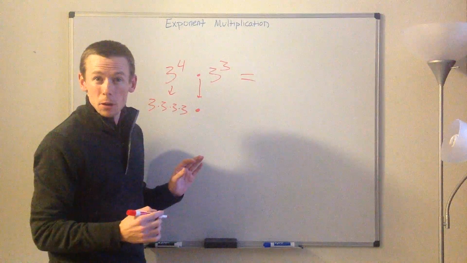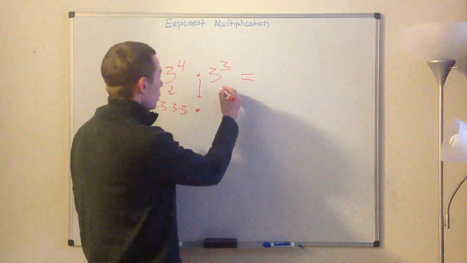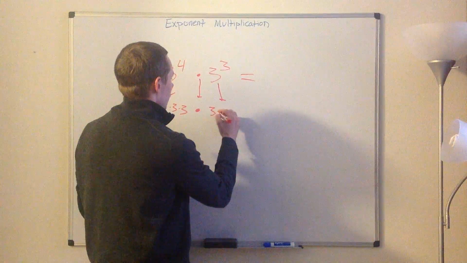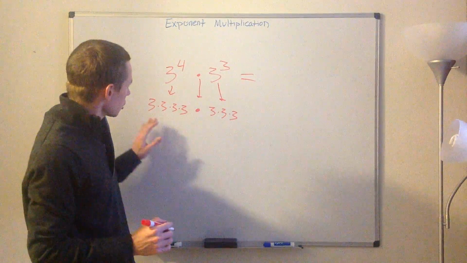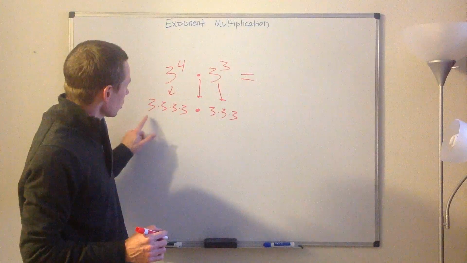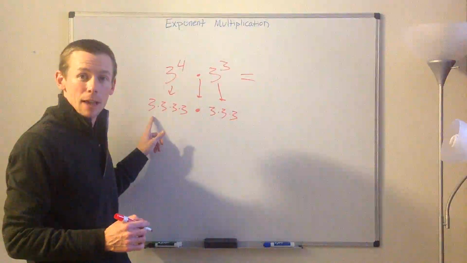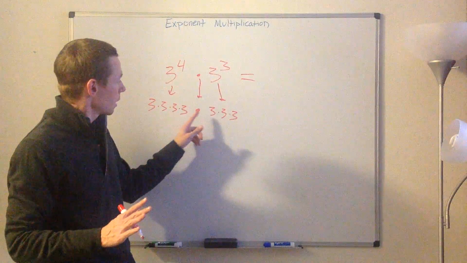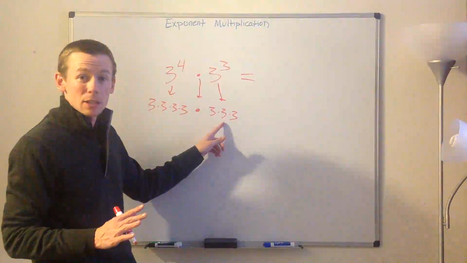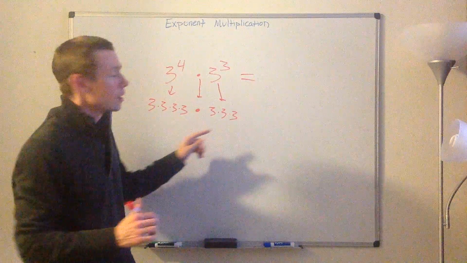Then I'm going to bring down the multiplication dot, and then 3 to the third is 3 times 3 times 3. So what that shows us is we're actually multiplying 3 now 7 times. 3 times 3 times 3 times 3 is 4, times 3 times 3 is 5, and 6 times 3 is 7.